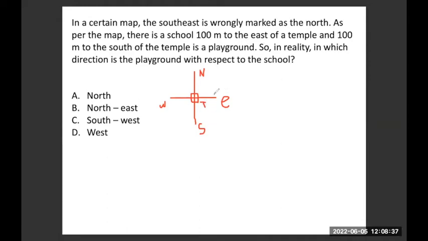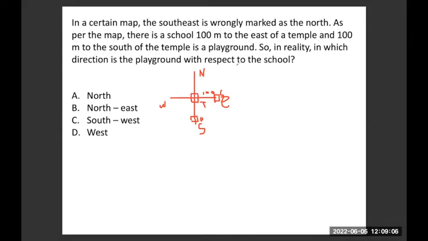So I'm not worried about the direction. I'm saying 100 meters. And this is the school, 100 meters east of the temple, and 100 meters to the south of the temple is the playground. The south direction is where we have the playground, P. This is the school.